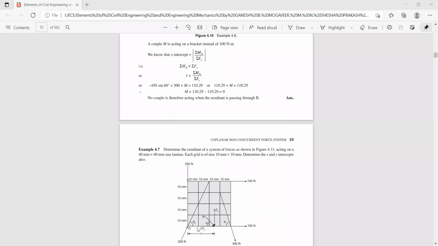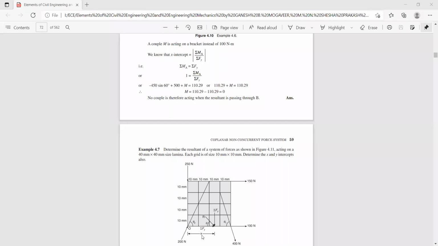Similarly you can find theta 2. If I project this force up to this point, this height is 40 millimeters, 10 plus 10 plus 10 plus 10. If you consider this triangle, this becomes the opposite side and this is the adjacent side. So tan theta 2 is 4 by 2, that is 2.